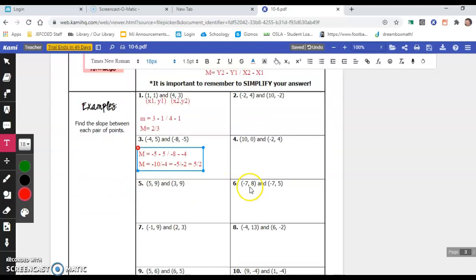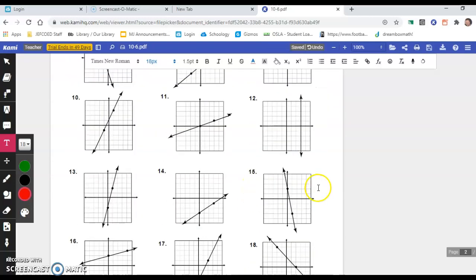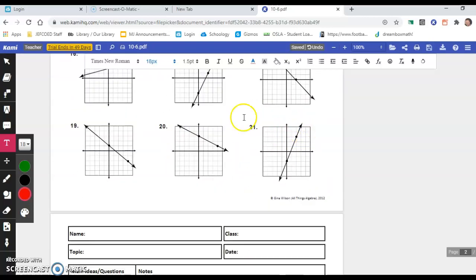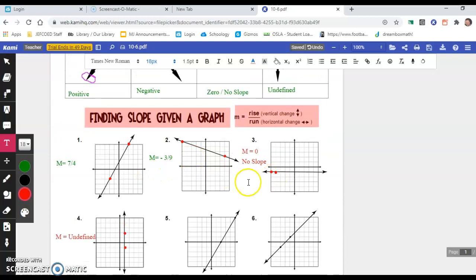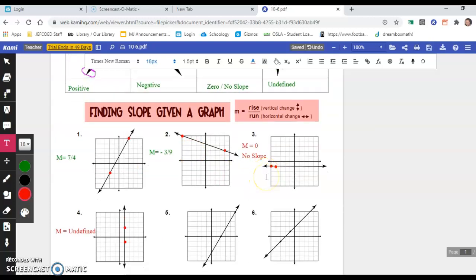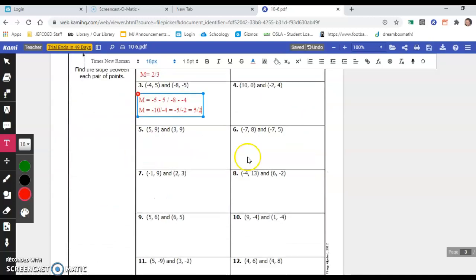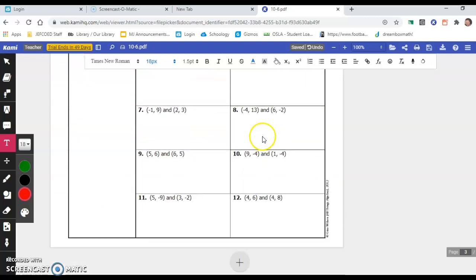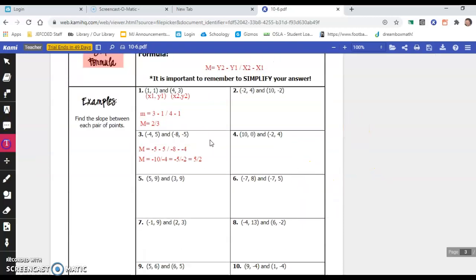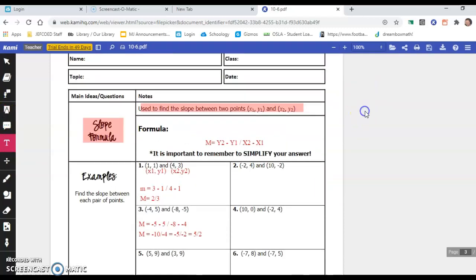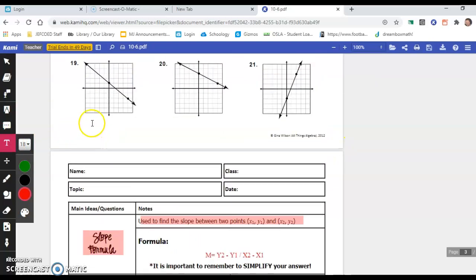Now, what you guys are going to finish up, you guys are going to finish through 21, just listing the slope, what it is, positive, negative, and the actual slope. And then down here at the bottom, guys, I want y'all to finish 1 through 8, okay? So I'll put your little text box right here so you guys can see. I'll put it right here at the bottom.